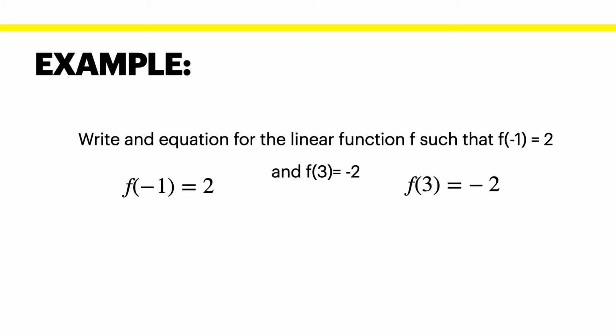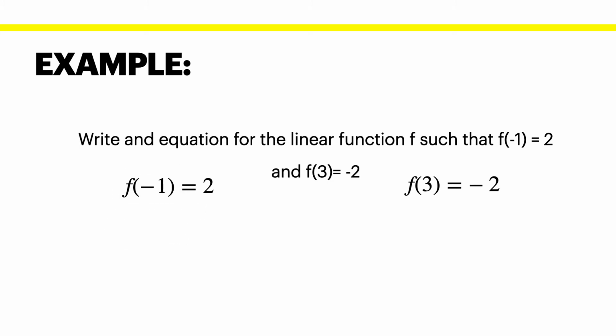If we pay attention to the f of negative 1 over here, this is just a translation of f of x. So you're basically just putting in a value for x, which is negative 1, and trying to get y. So f of x is also y, and it's equal to 2, which is that number over there.